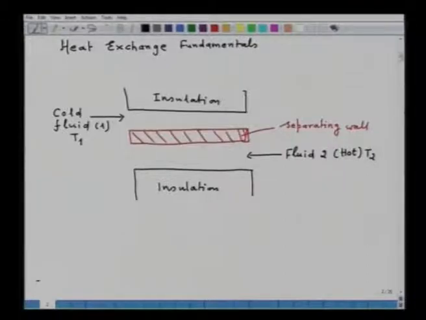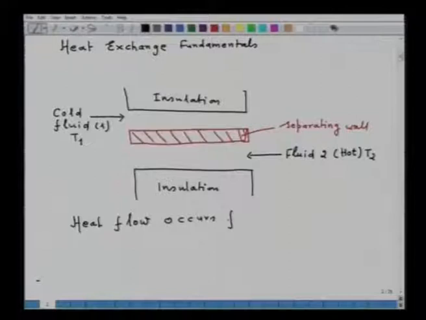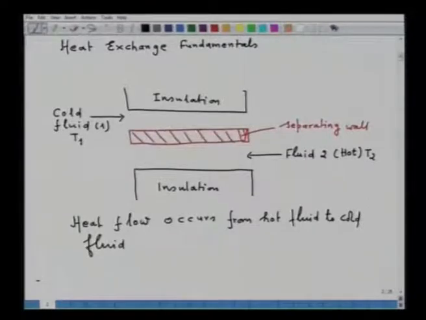As the fluid flows, heat flow occurs along the length of the exchanger by transfer of heat from hot fluid to cold fluid. In this figure, you are seeing that cold and hot fluid both are flowing counter currently.